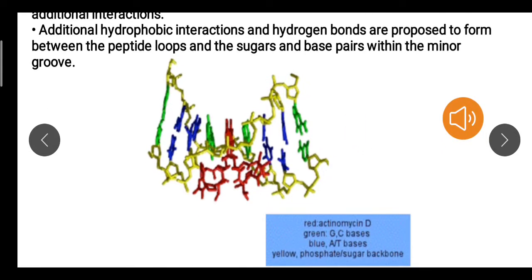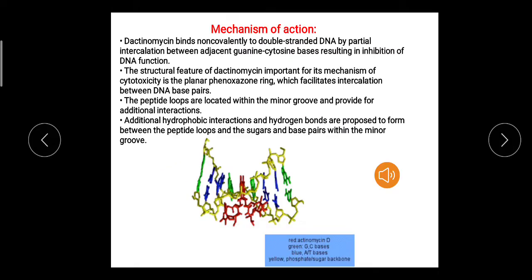So in this figure you can see our drug is inserted or intercalated between the nucleus bases guanine and cytosine. For intercalation, the planar phenoxazone ring is important, which facilitates the intercalation between these DNA base pairs and forms the non-covalent bond with the DNA.